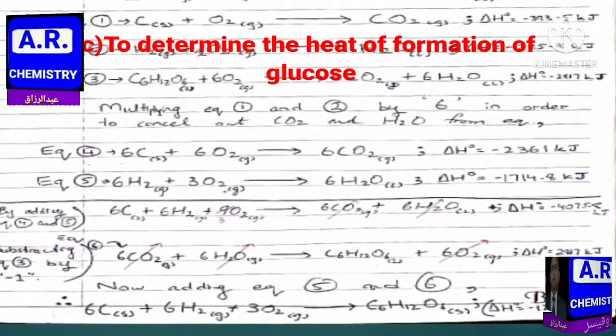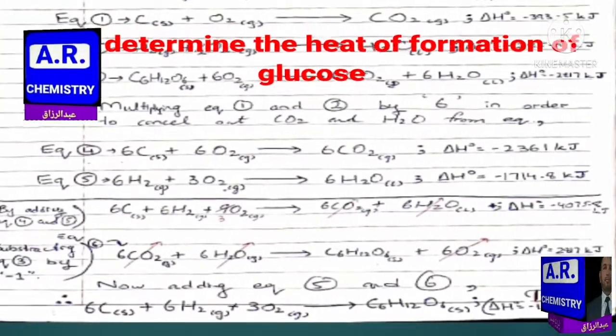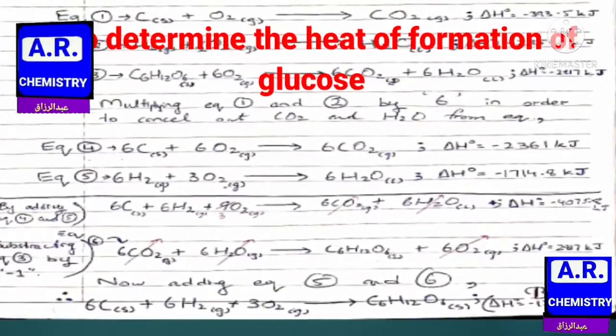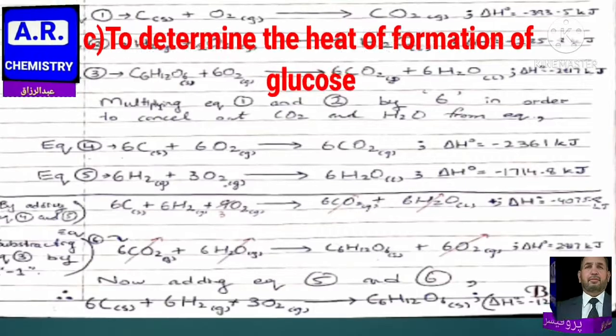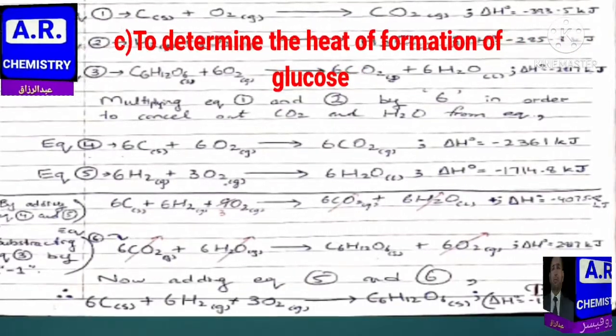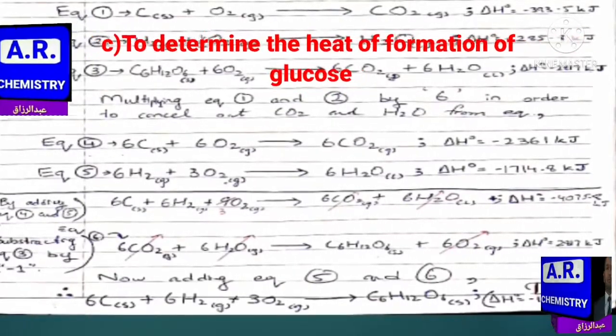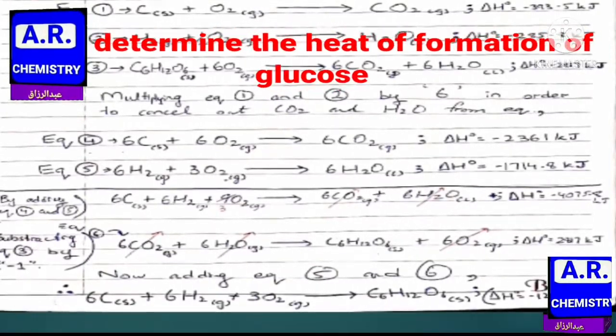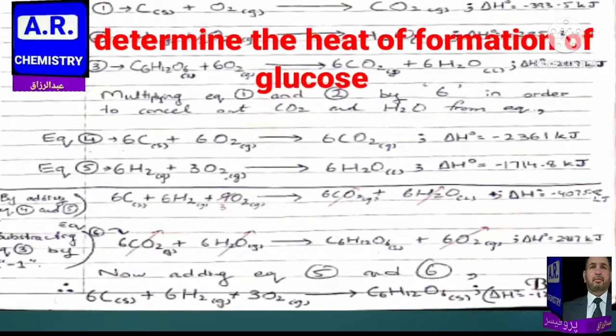Instead of negative, now you will have 2817. The other way is, after adding the combustion equations of carbon and hydrogen, you may subtract the glucose equation from this. The thing that you are to bring to the opposite side is to be subtracted.